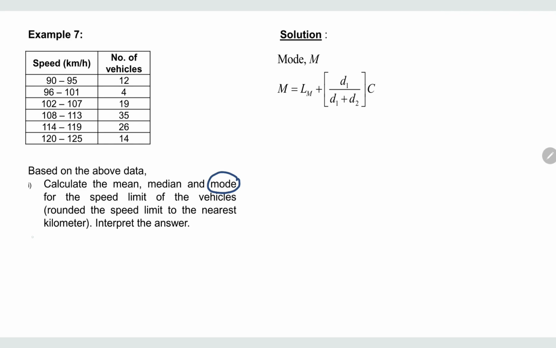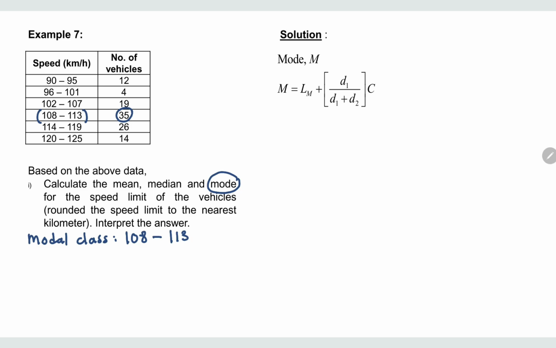Before that, we must find the modal class. To find it, we must know the highest frequency among the class intervals. The highest frequency is 35, so the modal class is 108 until 113 km per hour.